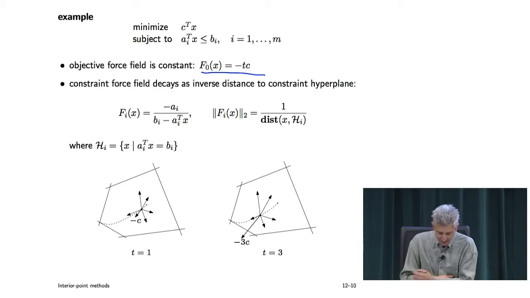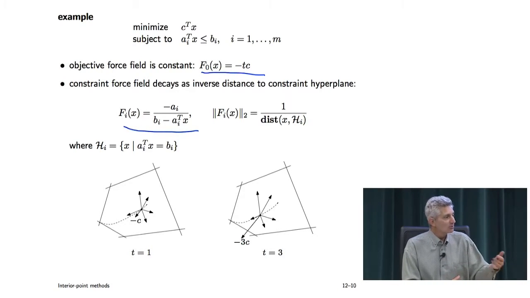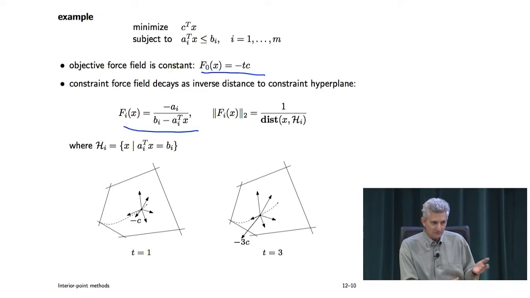Okay? Now, the other planes, the a_i, it turns out that this is the force field associated with the logarithmic barrier associated with just a_i transpose x minus b_i less than 0, or a_i transpose x less than b_i, right? That's the force field. It's a beautiful force field. It always points away from the plane, and it's actually a beautiful thing.